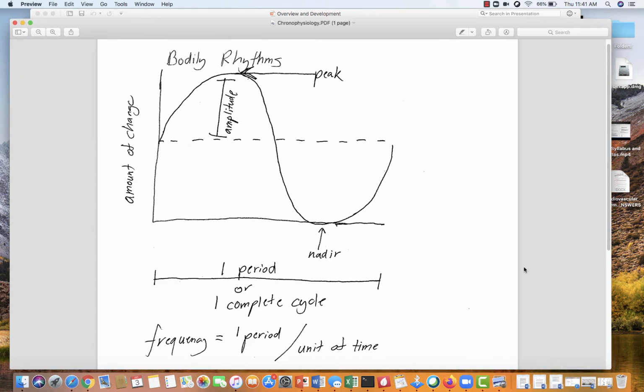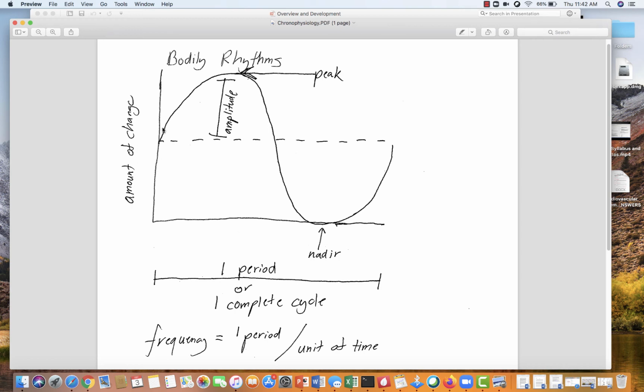Okay, so here we're looking at time physiology, bodily rhythms. Basically, we're looking at a cyclic fluctuation of some type of chemical or some type of behavior, some type of physiological response within the body. Okay, so here we're looking at time, and here we're looking at amount of change.